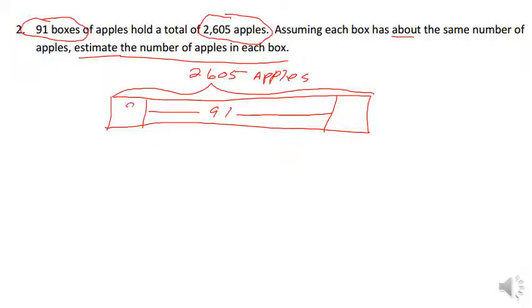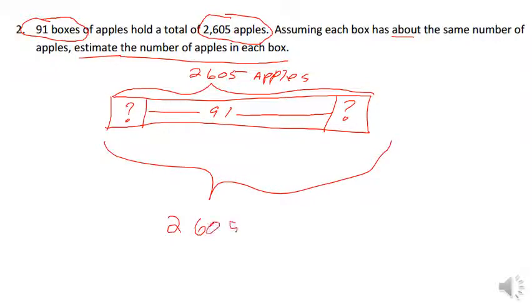And I'm looking for how much are in each box. And I can tell in order to solve this problem, it's going to be 2,605 divided by 91. And that will give me how much was in each box.